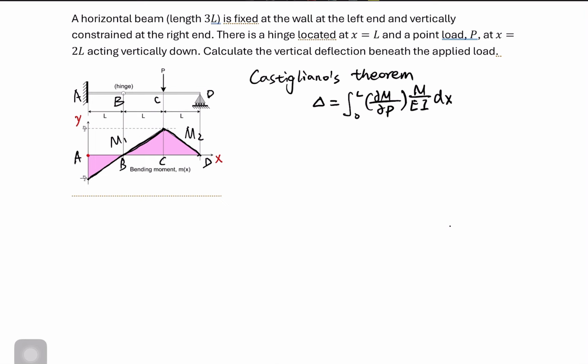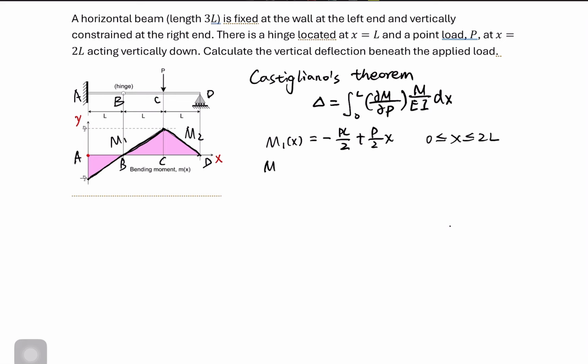After some derivation, we can easily write down that M1 is PL over 2 plus P over 2 x, where x is larger than 0 and less than 2L. So this is M1(x). You can derive it by yourself, I just skip the steps.